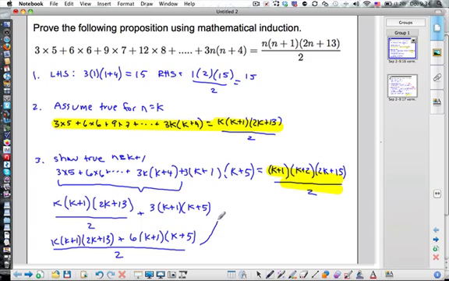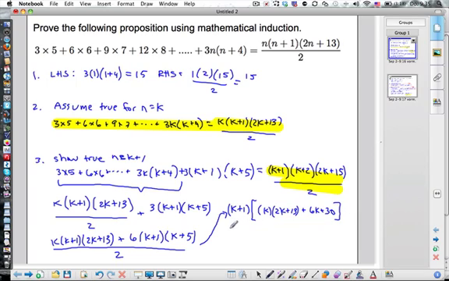So k plus 1, and we have a 2k plus 13, we have a 6, I'll just distribute that 6, we have 6k and 30, like that. I think that looks okay.